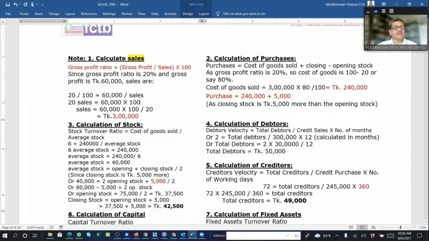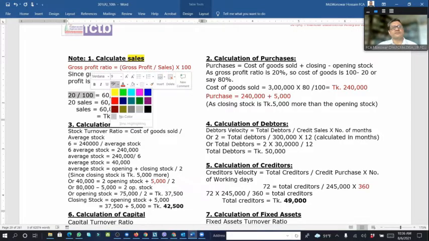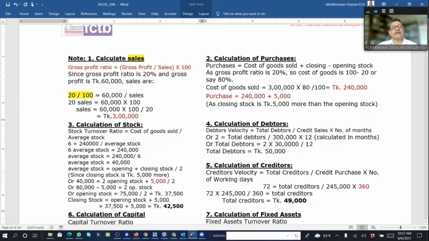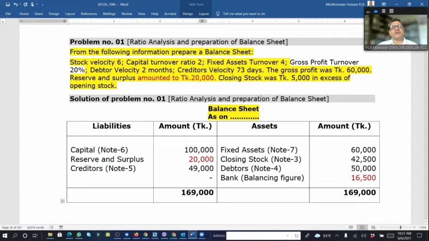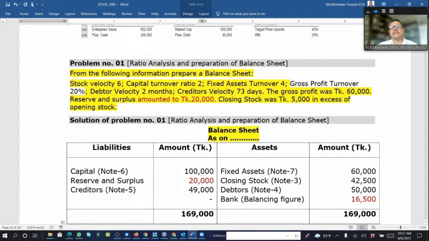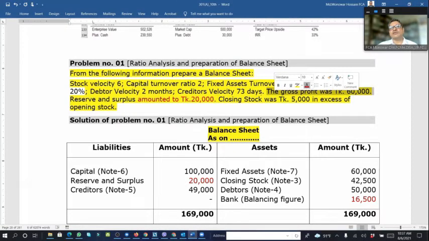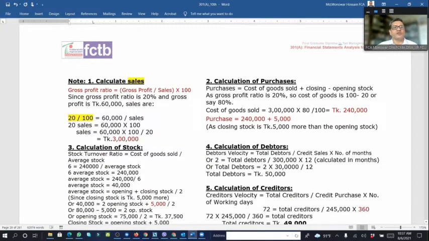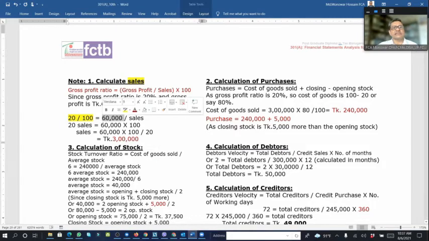This is the 20% gross profit ratio, and the gross profit as per the question is 60,000. This is the gross profit, 60,000, divided by sale.